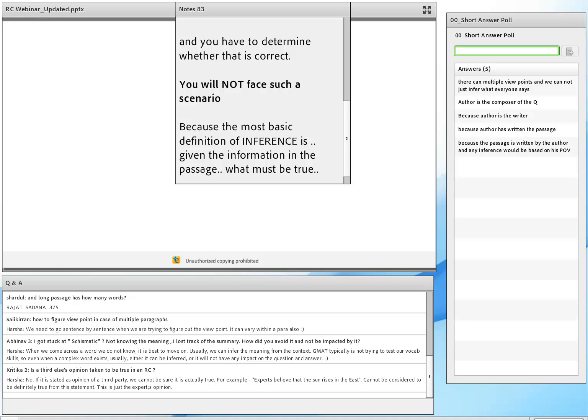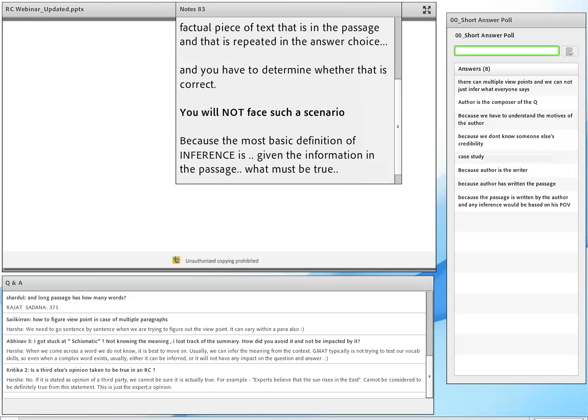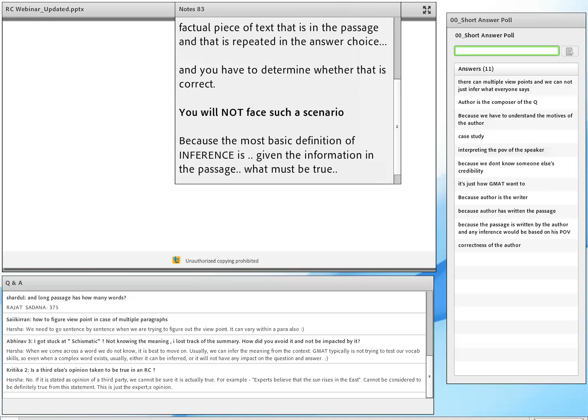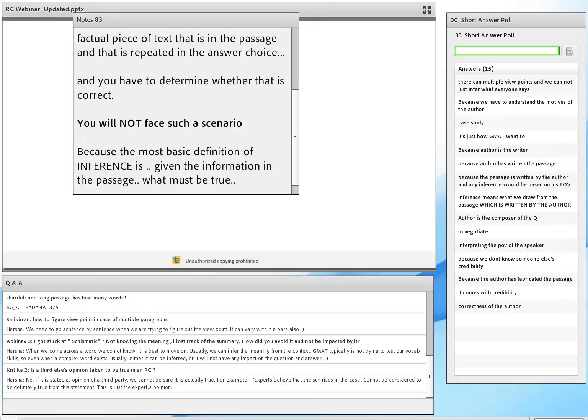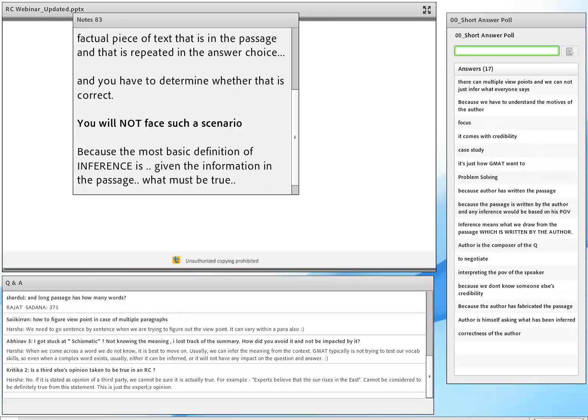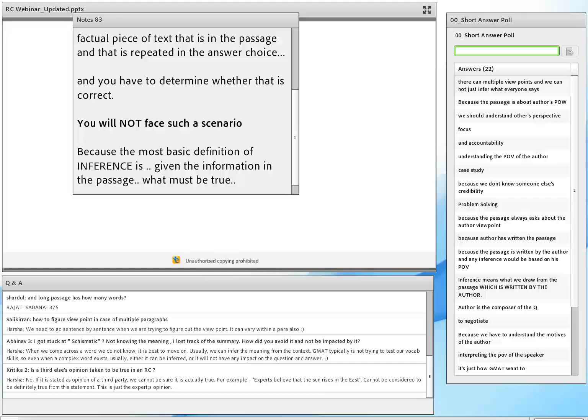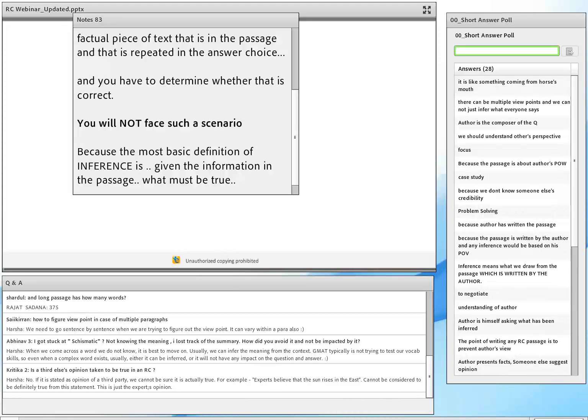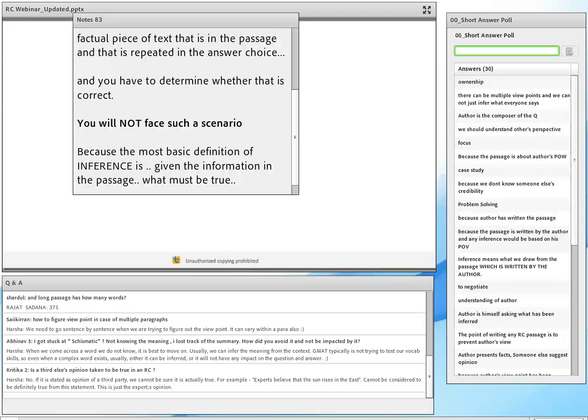When you think about anything in the context of the GMAT, you should really think of why it is there and how it helps you become a better manager.